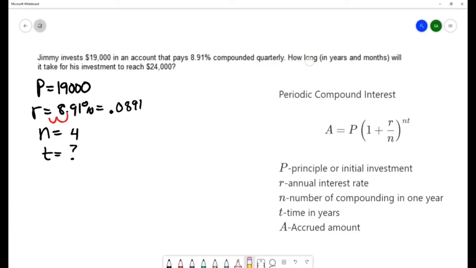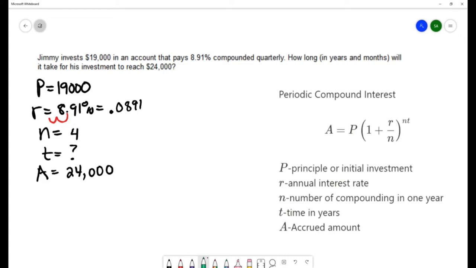How long in years and months will it take for his investment to reach $24,000? So this is the amount of money that we would like to have in the account after a period of time, and that is our accrued amount. So the value of A will be $24,000. So as I look at my formula, I'm going to check off the values that I have.